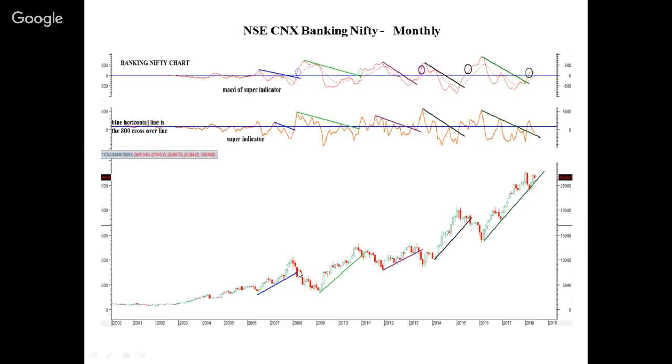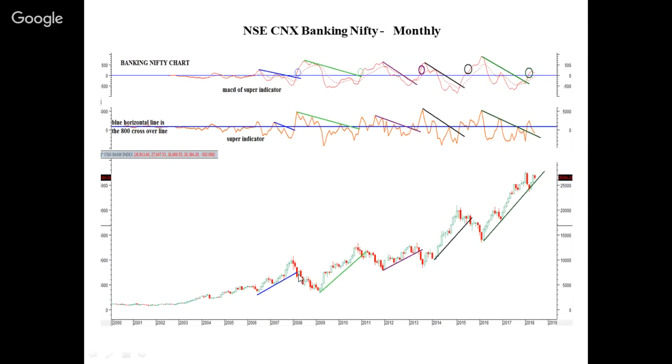Let's finish with this basic introduction to the super indicator. Even though this is a monthly chart and the signal comes a little bit late, the time of the signal, meaning the duration for which it lasts, and the price damage or upside it does is still worth looking at the chart on a month-wise basis.